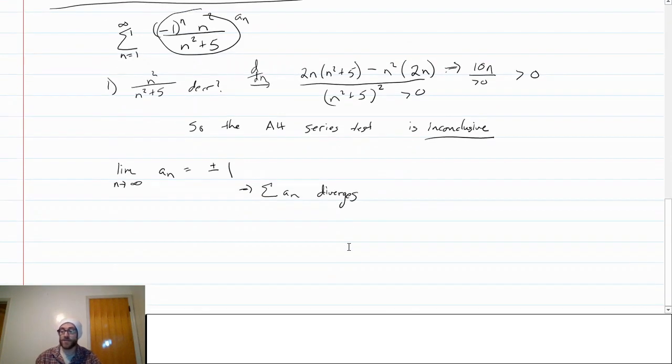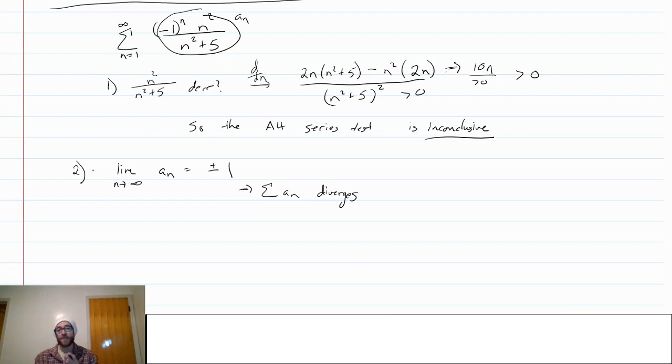So we actually can't use the alternating series test for this. It's inconclusive, but through other methods, we can figure out whether or not it converges or diverges. In fact, testing property 2, which is essentially what this is, without the plus or minus, can give us some insight.